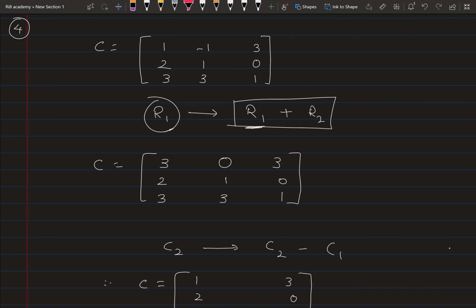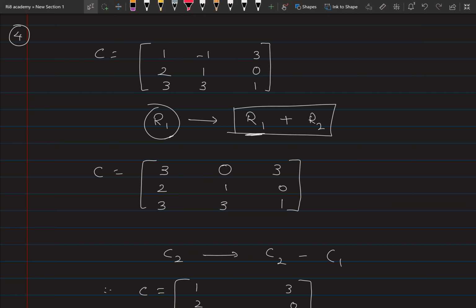Okay, now from C2 we are going to subtract C1. Remember, from C2 we are going to subtract C1. So this is C1, this is C2, right? So let's do the subtraction of C1 from C2. The first element of C2 is -1 and the first element of C1 is 1.